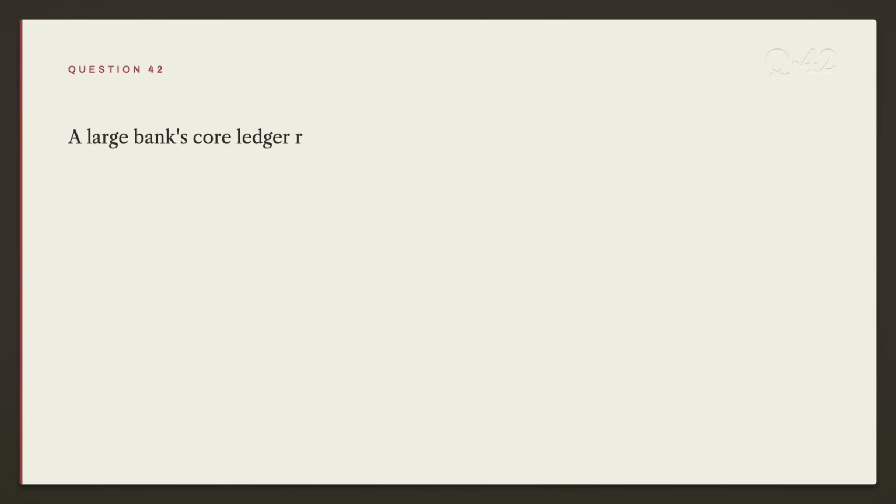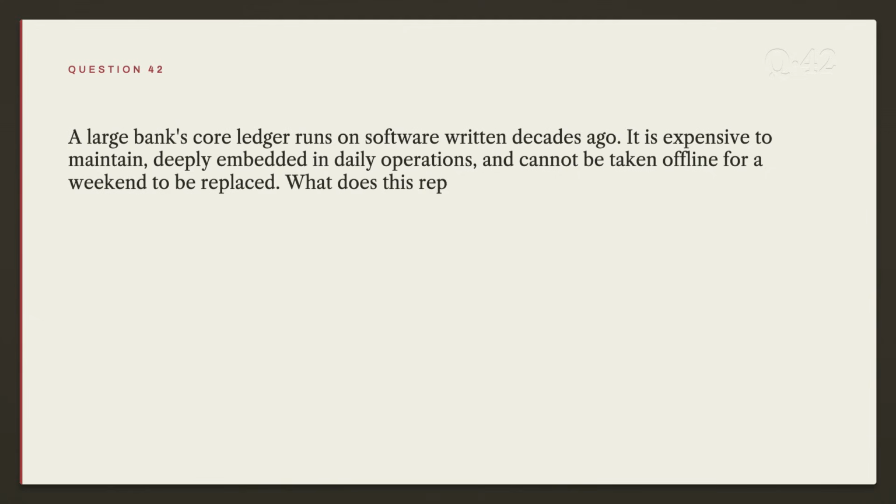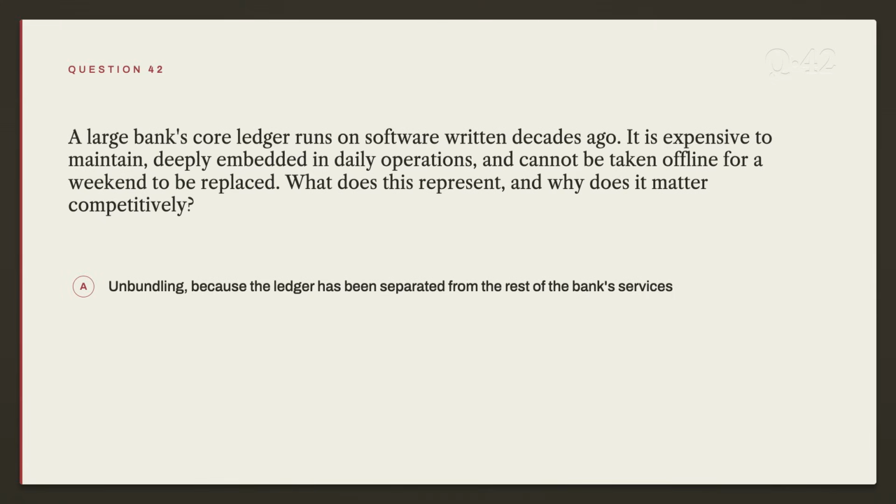Question 42. A large bank's core ledger runs on software written decades ago. It is expensive to maintain, deeply embedded in daily operations, and cannot be taken offline for a weekend to be replaced. What does this represent and why does it matter competitively? Your options are: A. Unbundling, because the ledger has been separated from the rest of the bank's services.